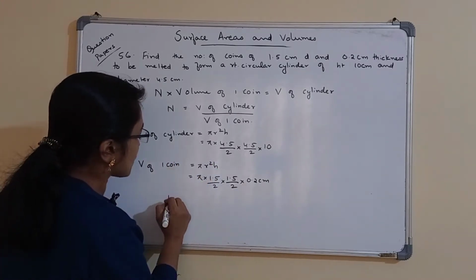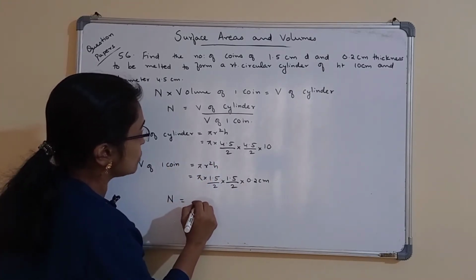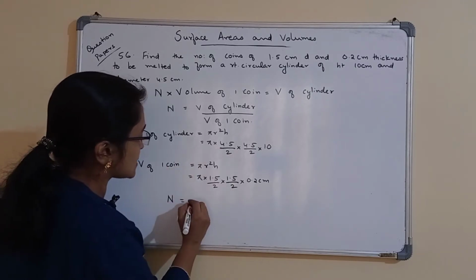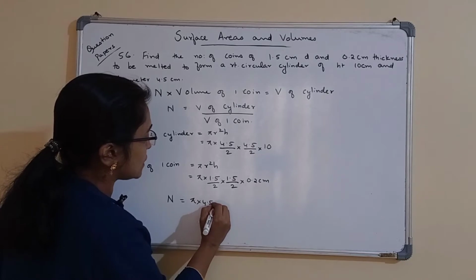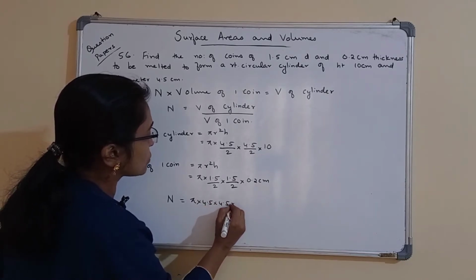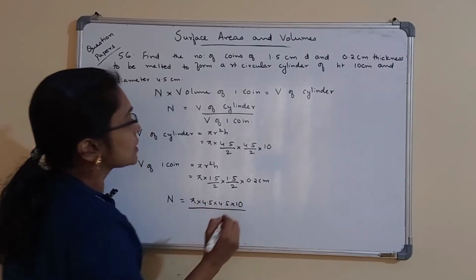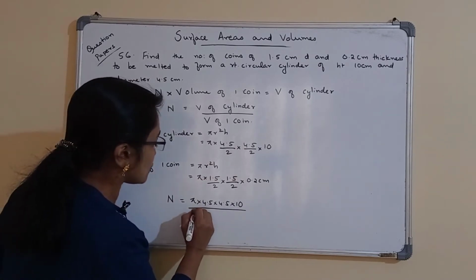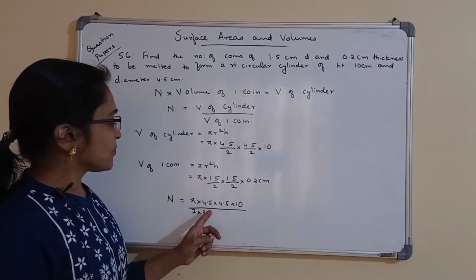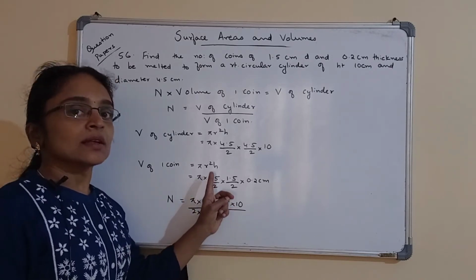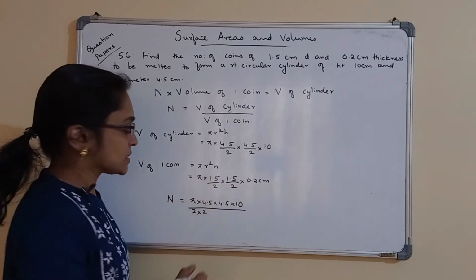Now the number of coins n is equal to the volume of the cylinder, that is pi into 4.5 into 4.5 into 10, and in the denominator 2 into 2, divided by this. So we can take the reciprocal.